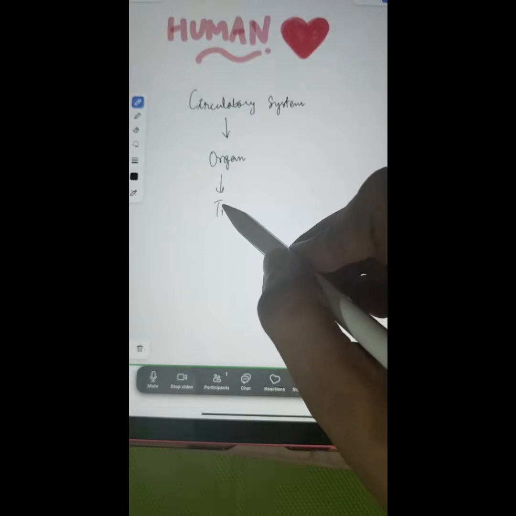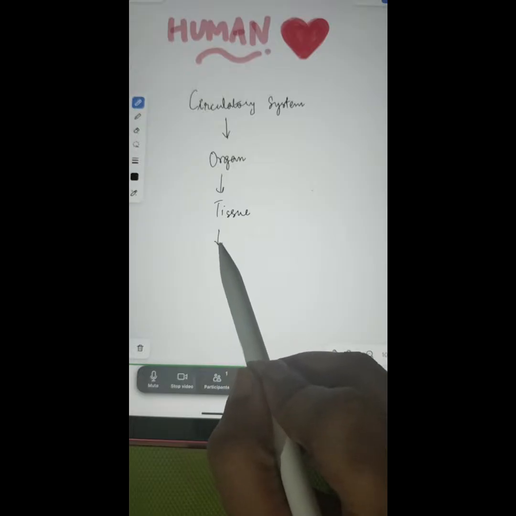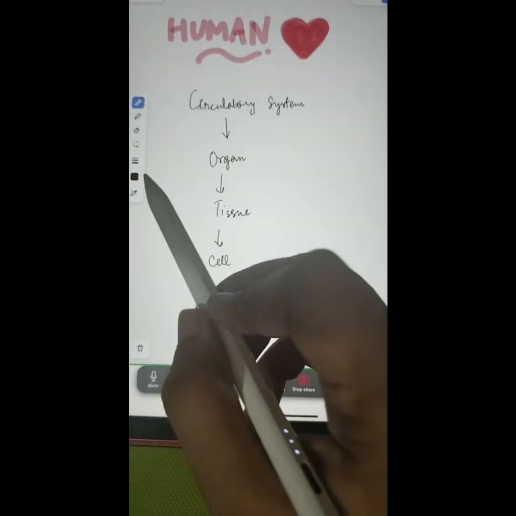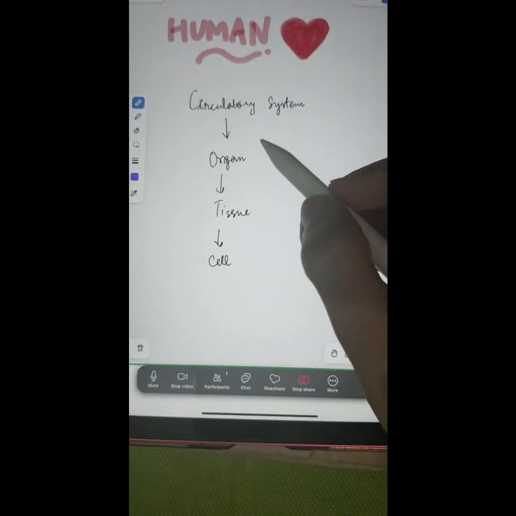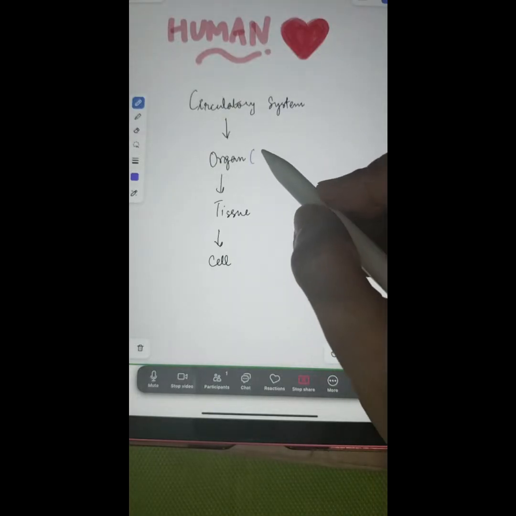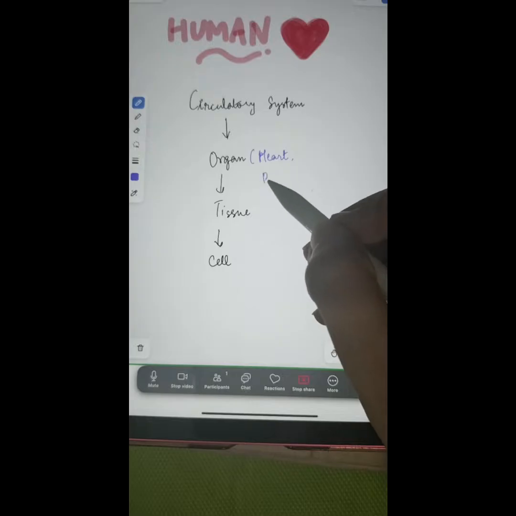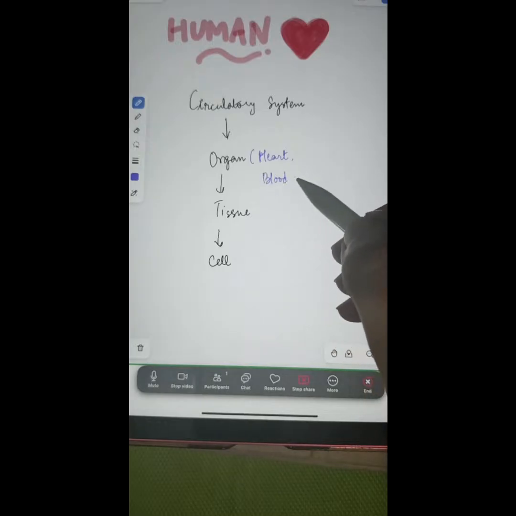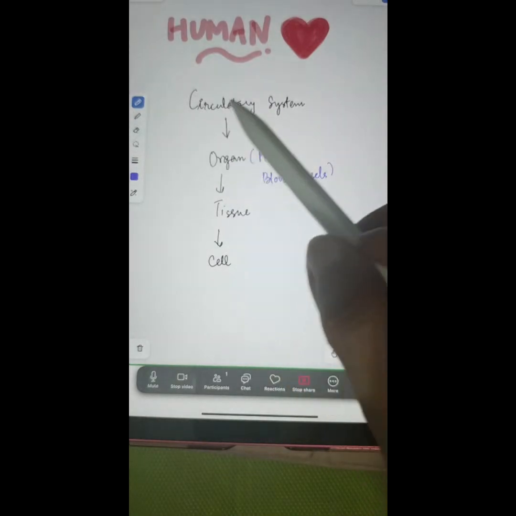Organs are made up of tissue, and tissue is made by the combination of cells. Now, in case of the circulatory system, you must know that the organs are going to be the heart and the blood vessels, right? This is important from the class 10th perspective that you should know this much, right?